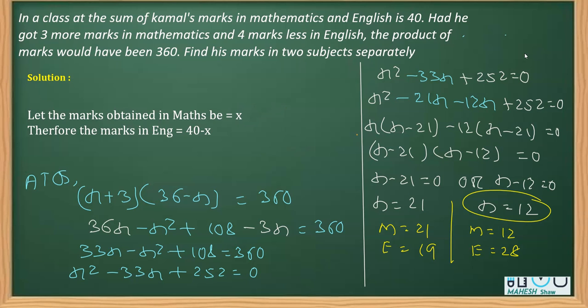And one more thing that you can see here is that if you multiply 12 with 28, this is the product of the new marks, right? So this is correct. Both possible answers are there. Here, no values can be discarded. Both are correct. So there are two possible answers: maths has 21 and English has 19, or maths has 12 and English has 28.